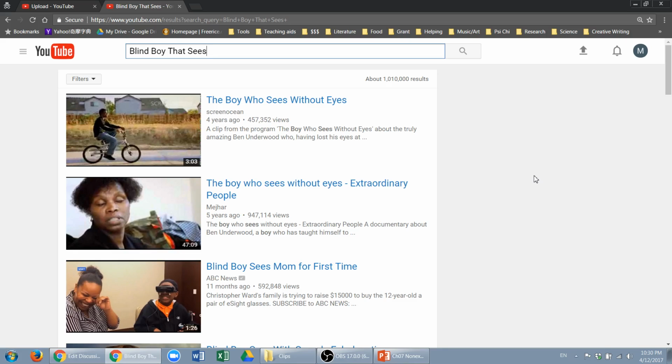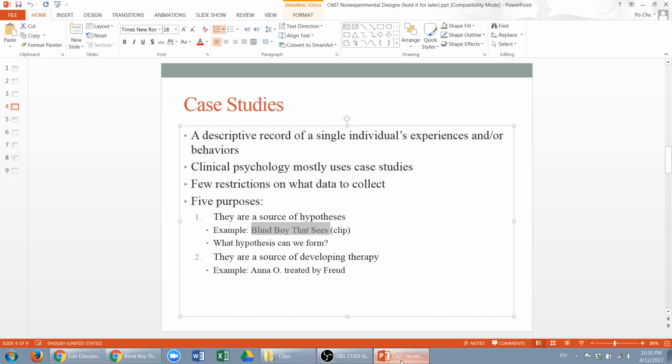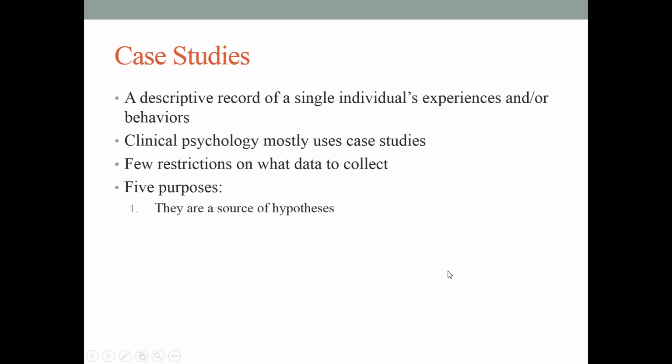It's a very interesting case, so I encourage you to take a look. So it's possible to form some hypotheses. What kind of hypothesis can we get from this blind boy that sees? Maybe that a human brain, like dolphin brains, is capable of echolocation, and we do some study on that.